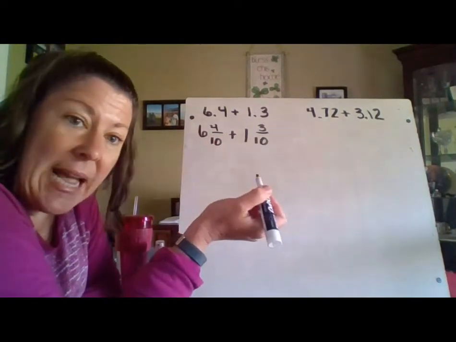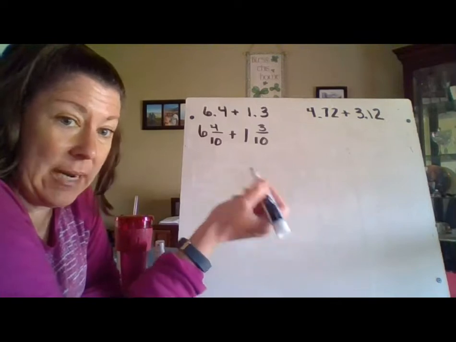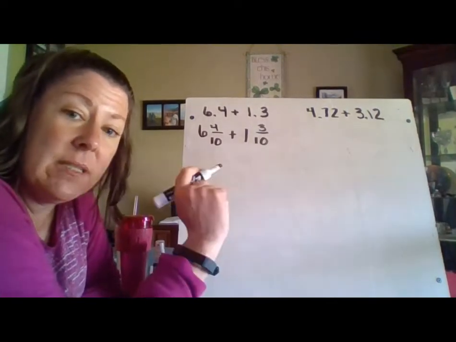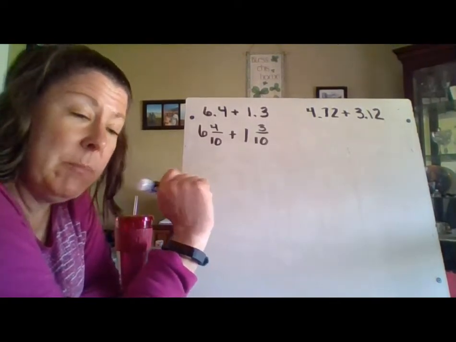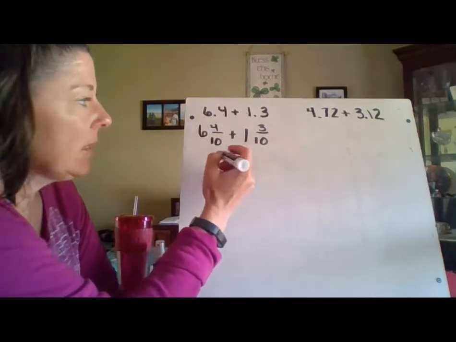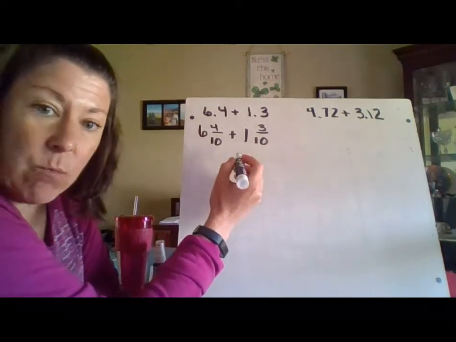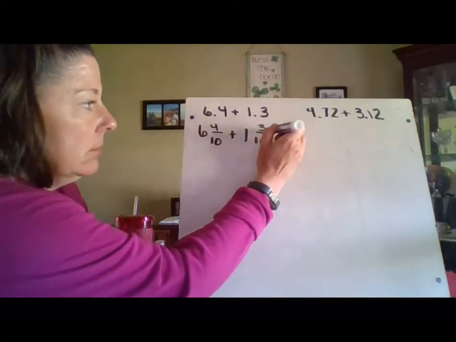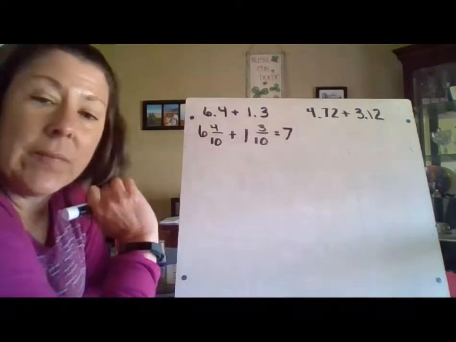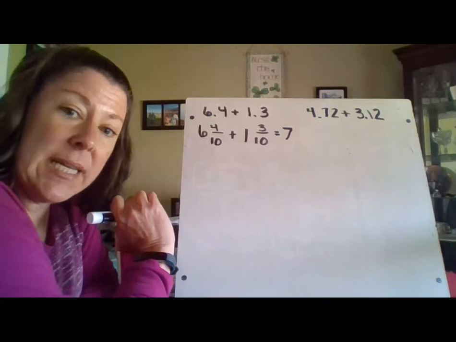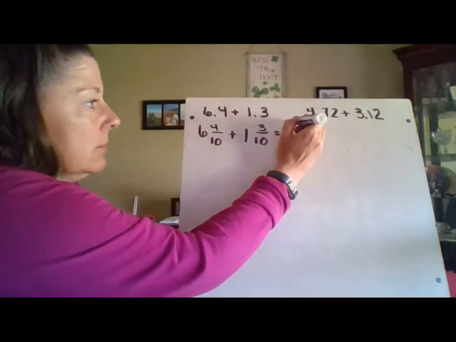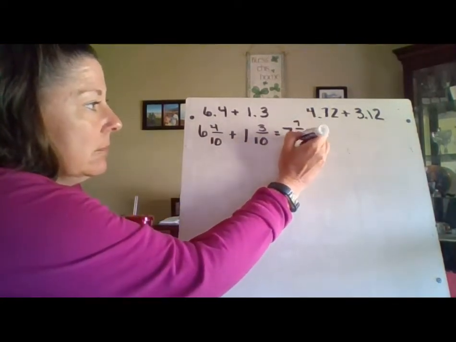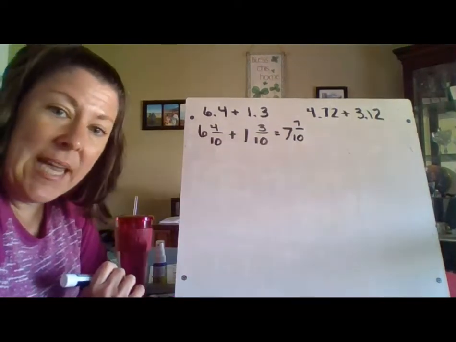So I know that when I add mixed fractions, I add the fractions, I add the whole numbers. 6 and 1 is 7. 4/10 plus 3/10 is 7/10.